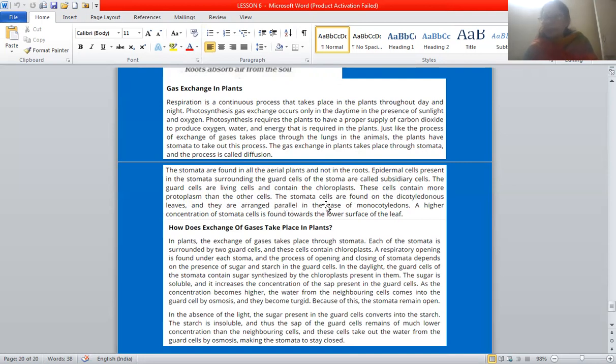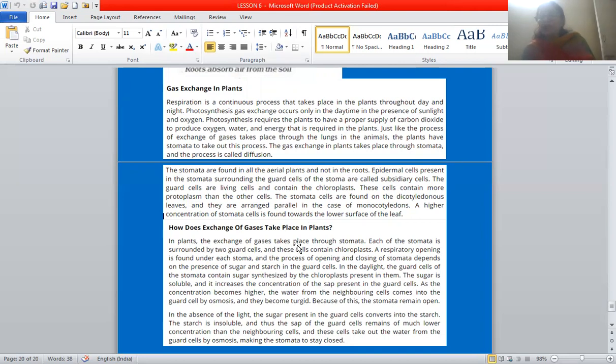The stomata are scattered on dicotyledonous leaves and arranged parallel in the case of monocotyledons. A higher concentration of stomata is found on the lower epidermis, or lower surface, of the leaf. It means that more stomata are present on the lower epidermis of the leaf.